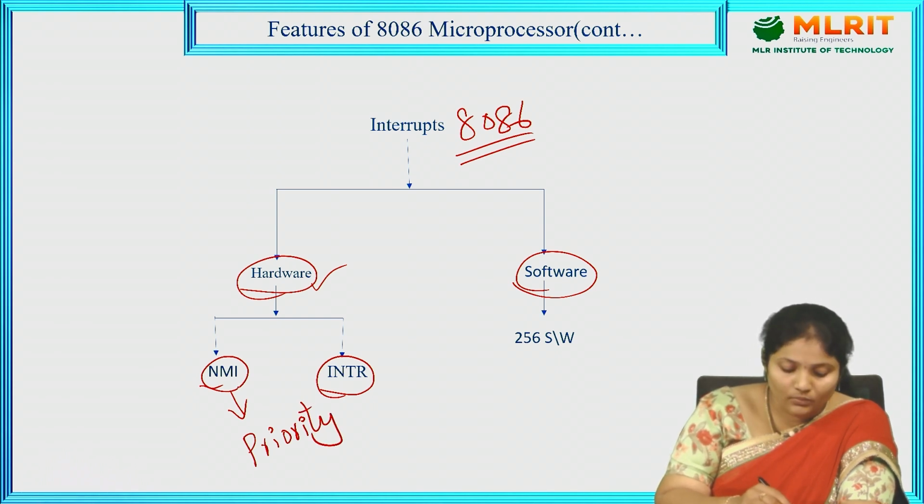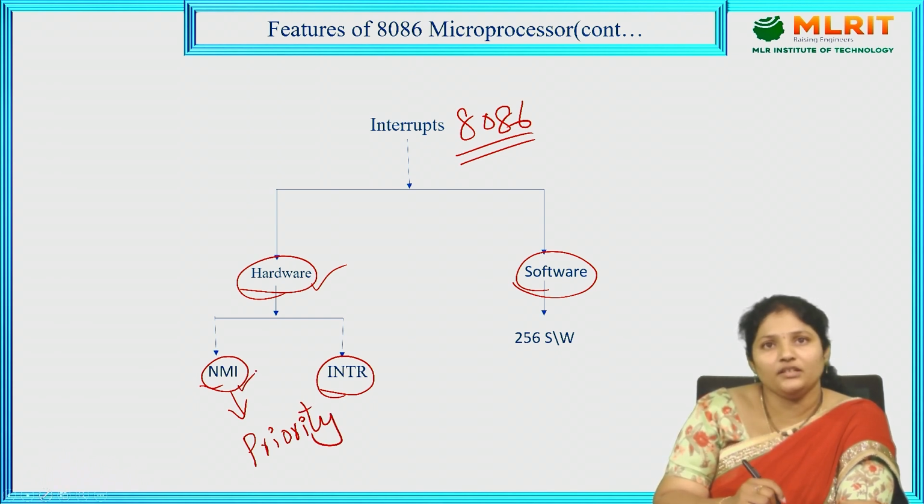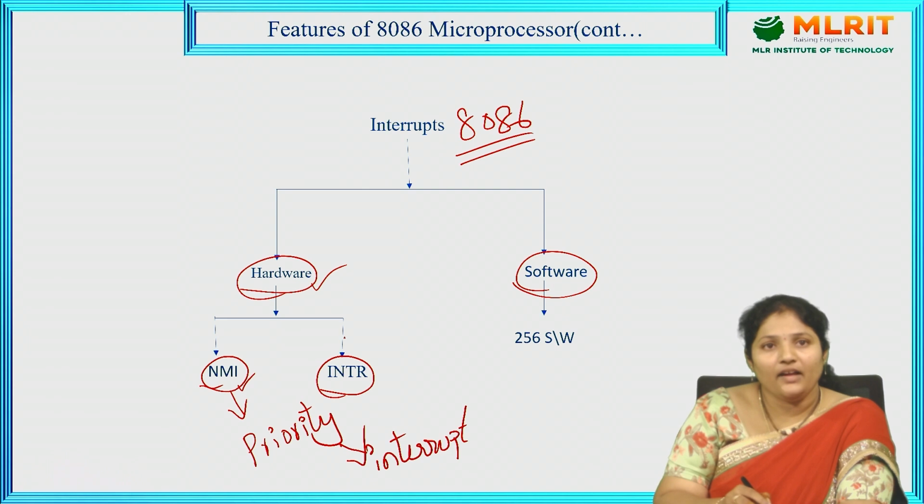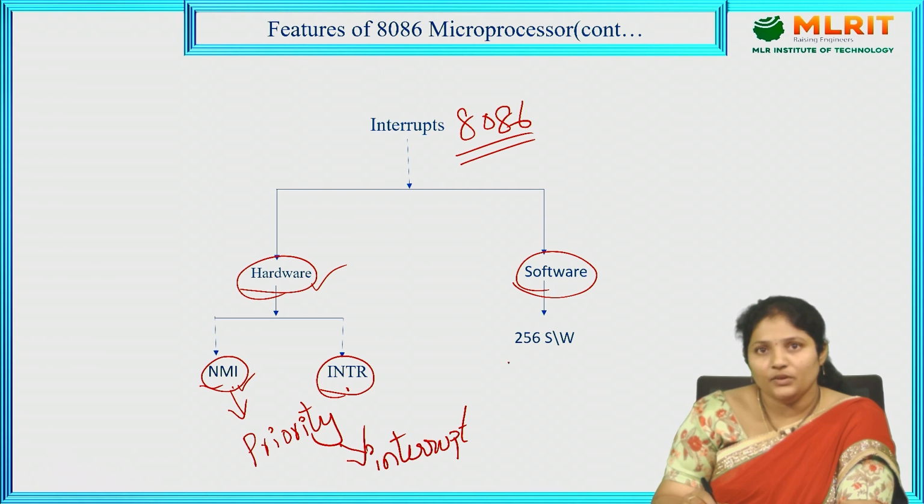If it occurs, 8086 stops the execution of any program and attends to this prioritized interrupt. And the software interrupts in 8086 number 256. These are the basic features of 8086.